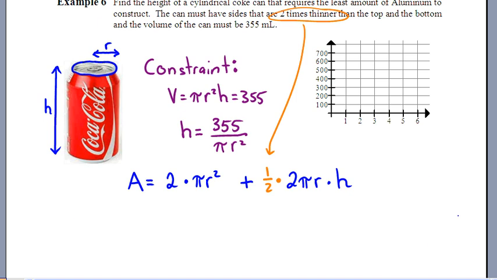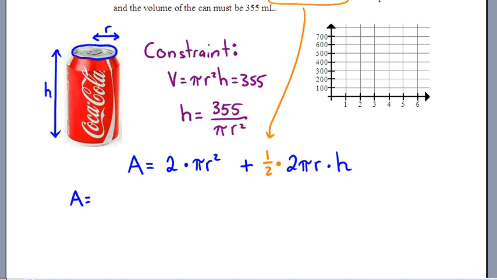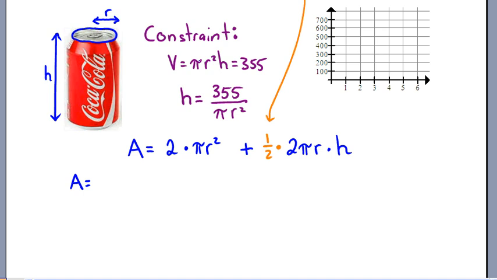Okay, well, let's just tidy up our formula. Finding that formula was usually the second step, and I've got my constraint, which is going to be step 3. I'm going a little bit out of order, but I think it'll be okay here. Got 2 pi r squared plus, well, with this little twice as thin thing, I'm just going to have a pi rh going on over there.